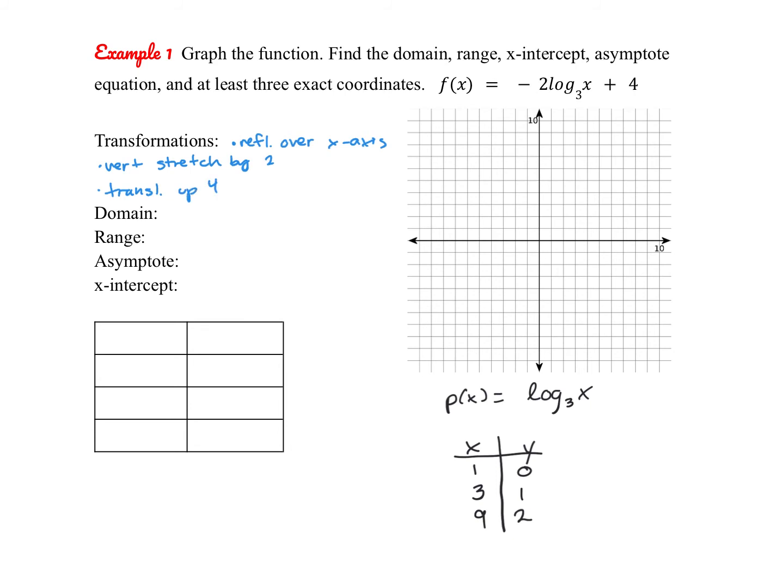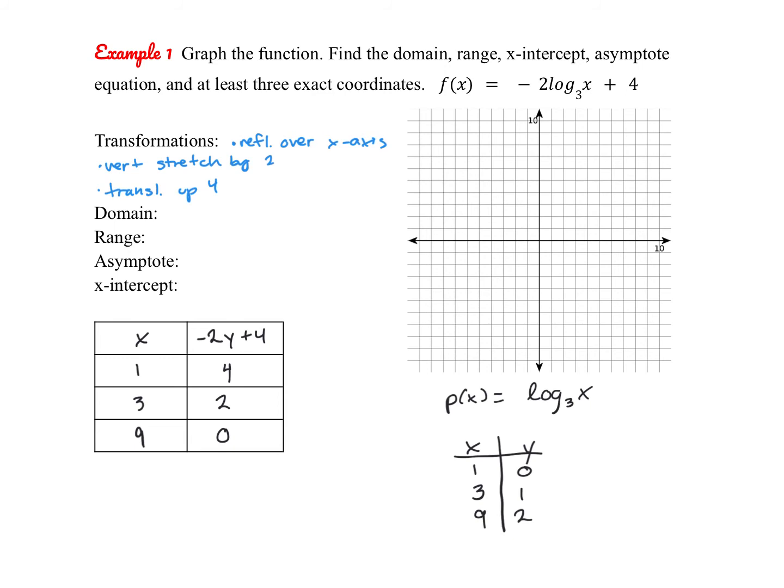So all 3 of these transformations are actually vertical transformations. So our x value is going to remain unchanged from our parent function. And for the y values, we'll multiply them all by -2, and then we will add 4. So again, these will stay the same, and then these we can adjust. So this becomes 4, this becomes 2, and this becomes 0.